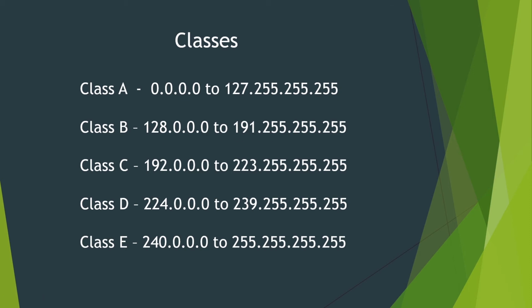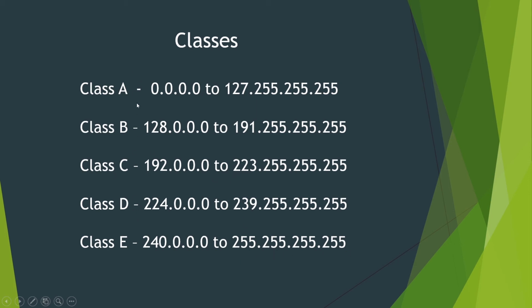We will be looking mostly at the class C private address ranges. In class C, the range is 192.0.0.0 to 223.255.255.255. Class D goes from 224.0.0.0 to 239.255.255.255, and class E is the remaining, from 240 to 255.